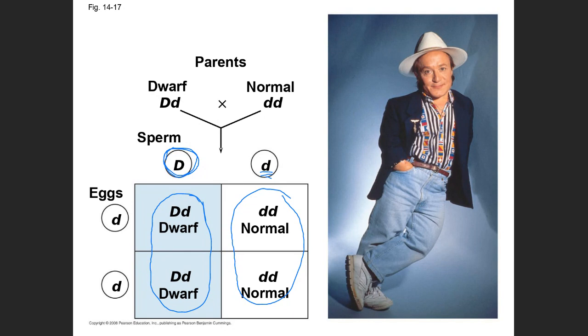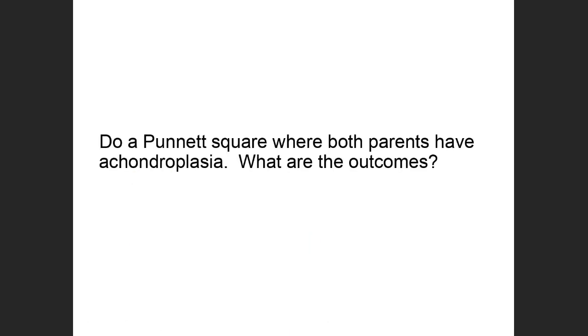So what if you have two dwarf parents who have kids? Then what? So remember, in order to have dwarfism, you have to be heterozygous.